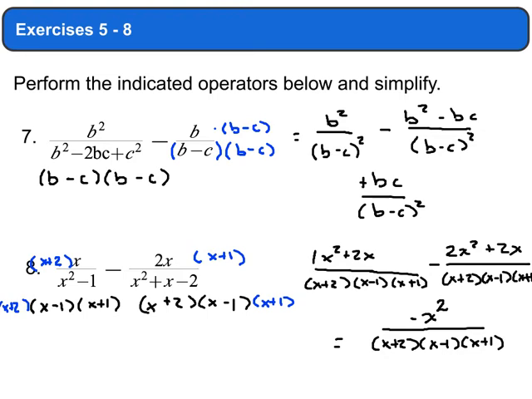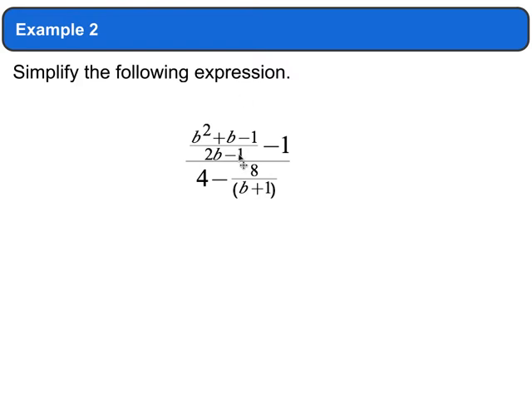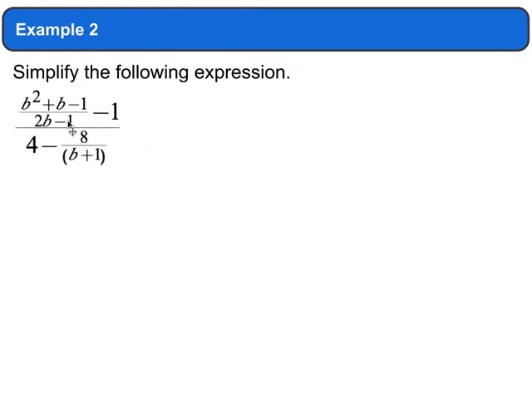Okay, so that covers most of the section. What we have left to look at is a complex fraction that has a lot going on in it. And so what we're going to do is kind of break this down a little bit and see what happens. Right? So some ideas to see is we've got a division bar here.